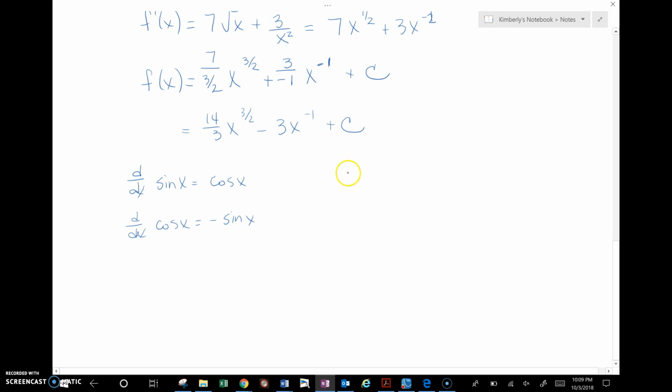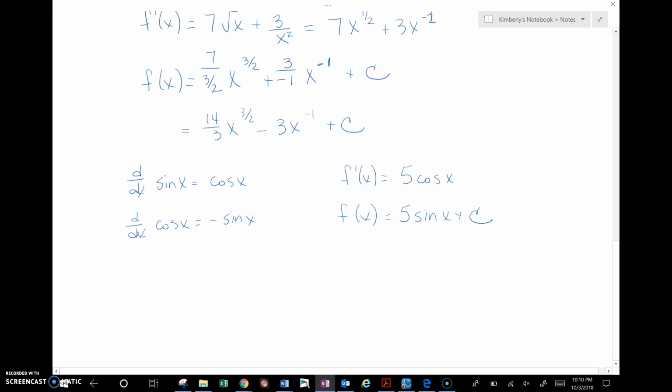So when you're asked to take the antiderivative of, let's just say, 5 cosine of x, I just don't memorize all these antiderivatives of functions. I go, the derivative of what is positive cosine? Well, the derivative of sine is cosine, so this answer should be 5 sine of x plus c.